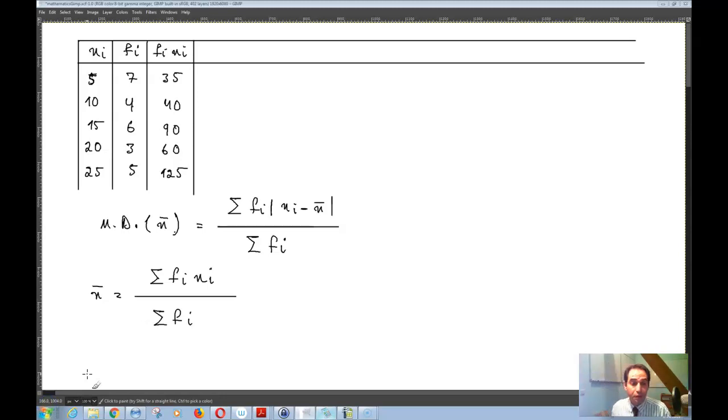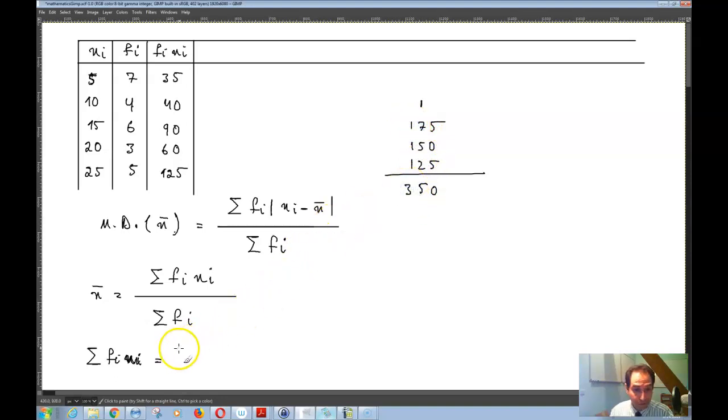Now, in order to calculate the mean of this data, we need to calculate sigma f_i x_i, which is 35 plus 40 plus 90 plus 60 plus 125, giving 350.